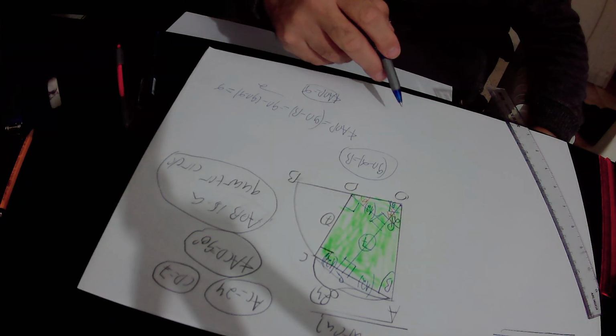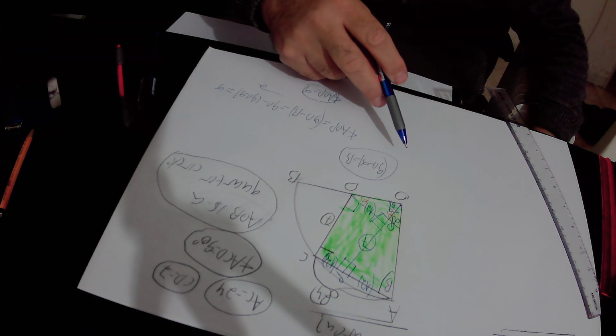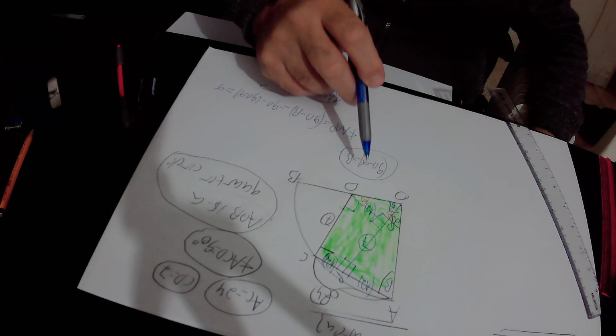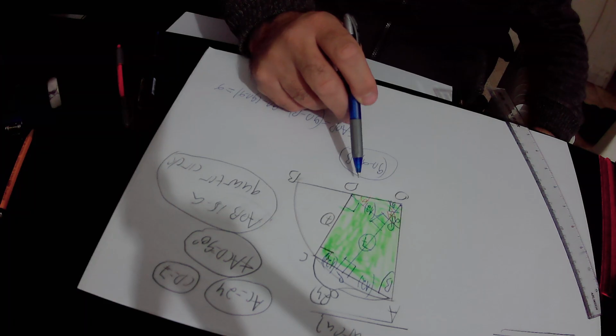In the next step, we focus on the right triangle QOD. So I copy the right triangle QOD. And we find out the value of tangent alpha in this right triangle.